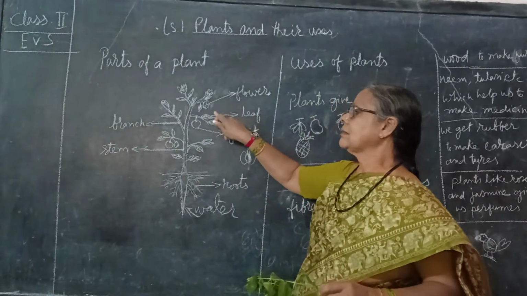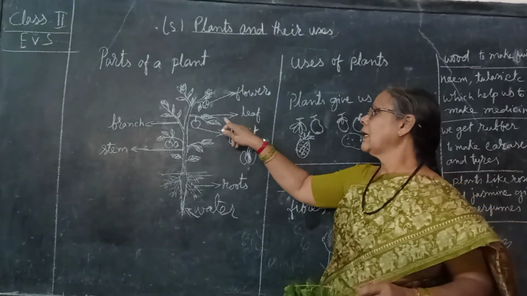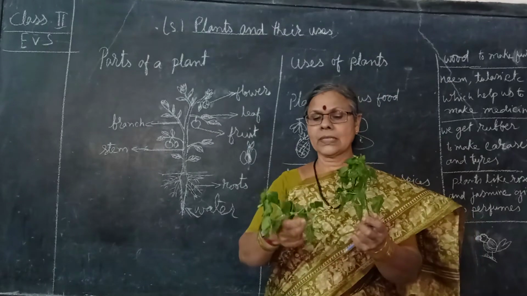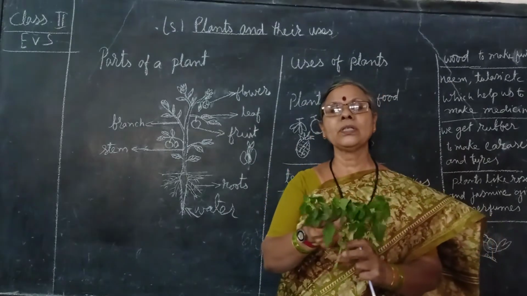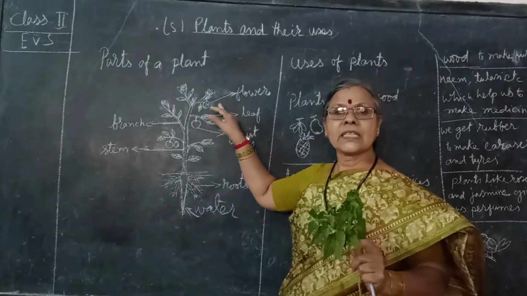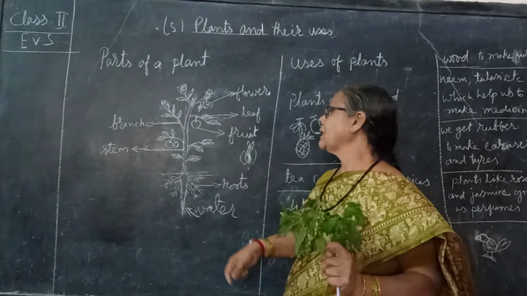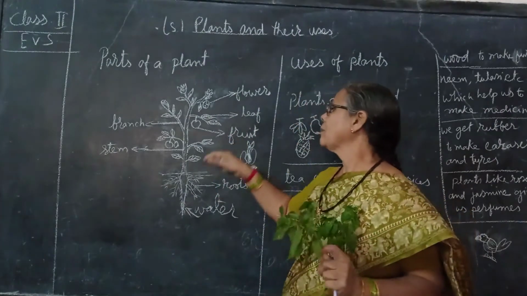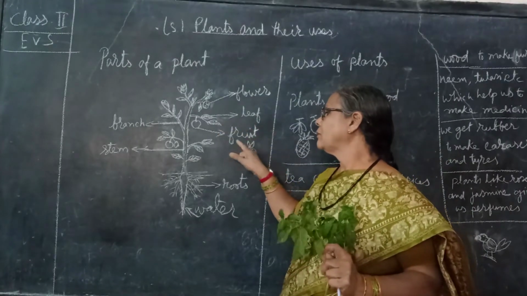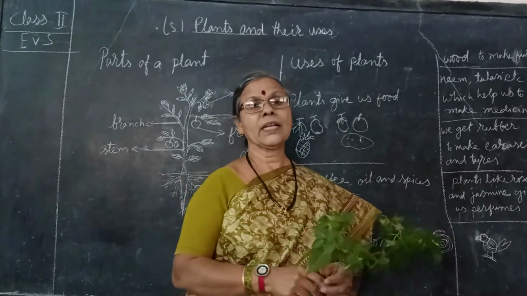So flowers, very attractive, and the leaf, you can see the leaf prepares food for the plant. Some flowers change into fruits. Some flowers will have the seeds also, and fruits. These are the parts of the plant.